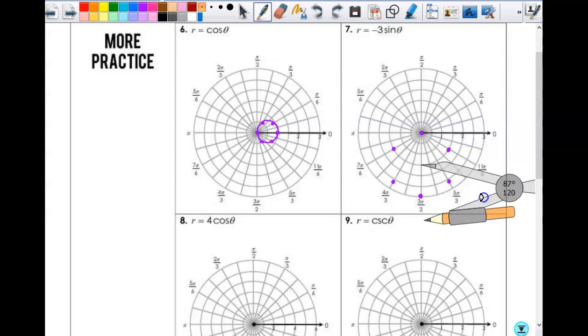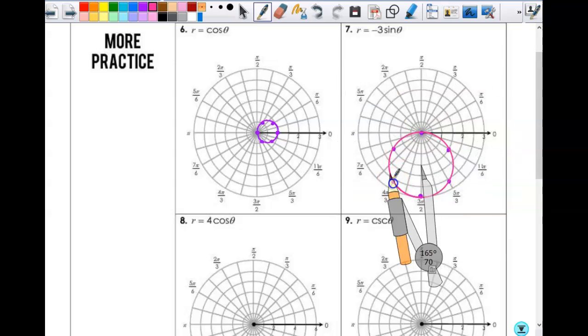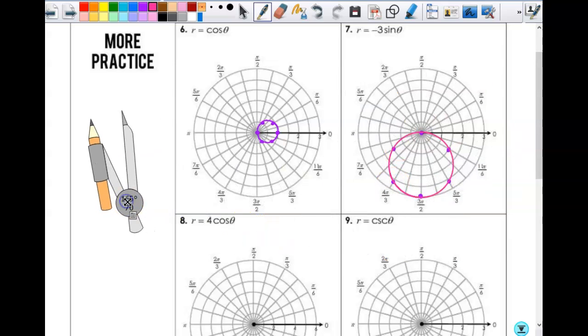So when I draw it in there, I've got a circle. So it really is a circle, but the way it grows from the pole throws you off when you're trying to draw it like a decent circle.